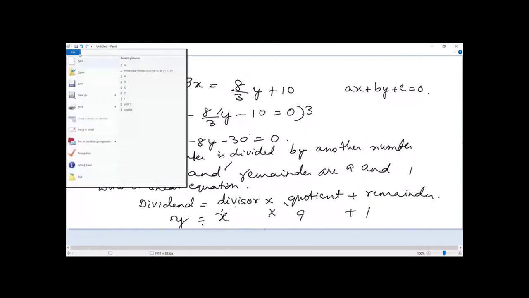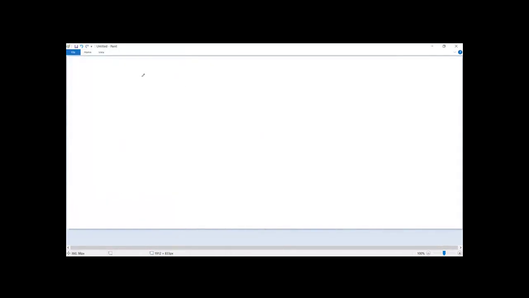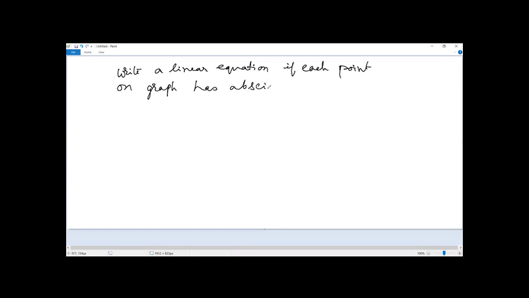Next question. Write a linear equation if each point on the graph has abscissa 2 times the ordinate.